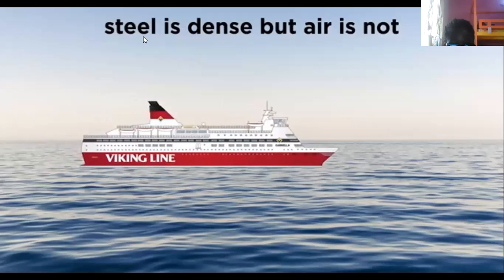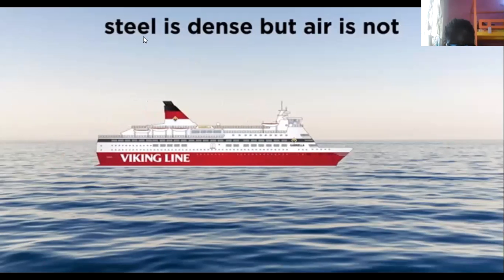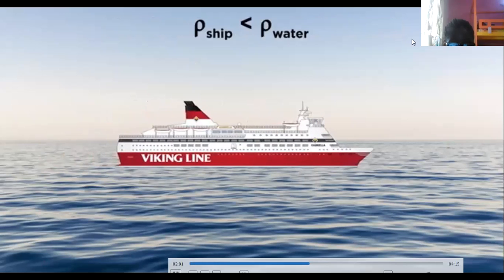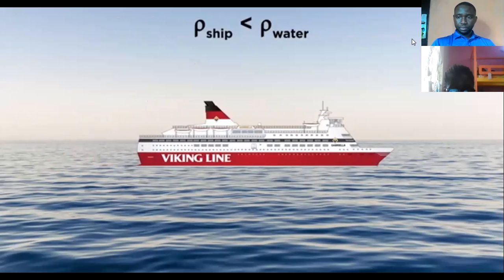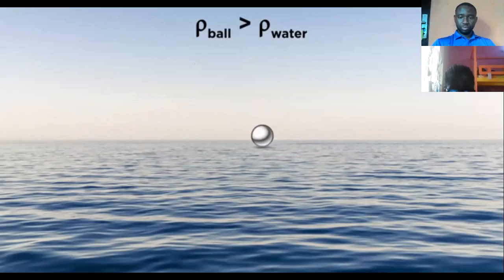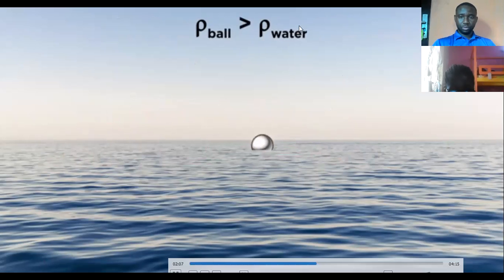Steel is very dense, but the air in all the cabins is not. So overall, the ship is less dense than water. If you crushed the ship up into a ball of equal mass, thus eliminating all the air, it would definitely sink.